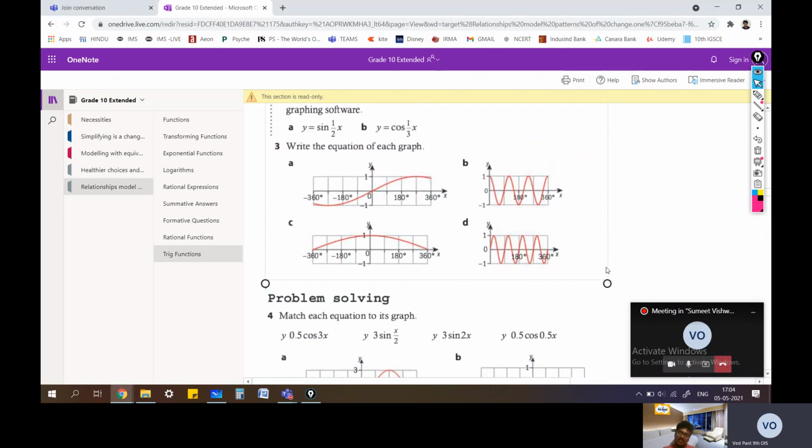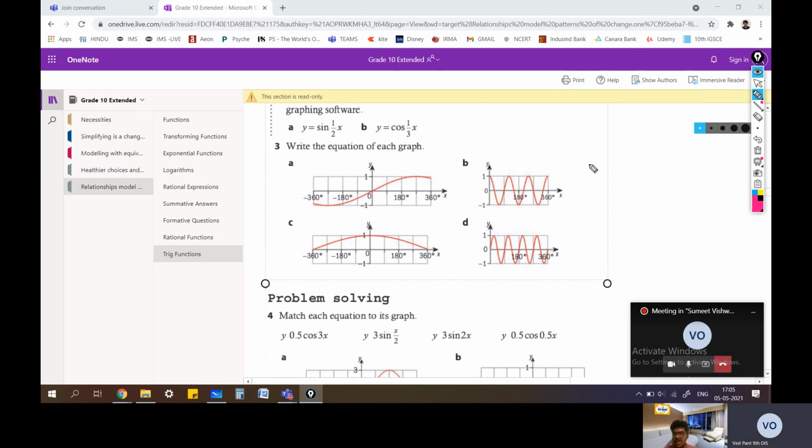Okay. See, so the first one I think should be, yeah, the first one will be sine. Sine what x? Sine 1.5x, right? Why would it be sine 1.5x?